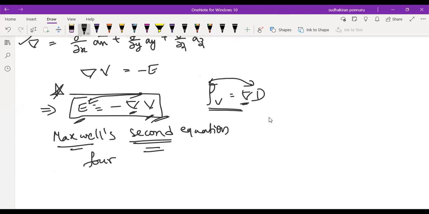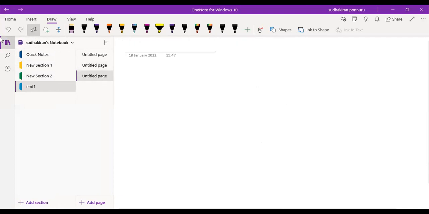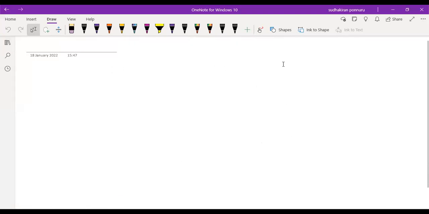And in today's class, we are going to see the next concept, that is dipole. We are going to learn about the basic definition of dipole.